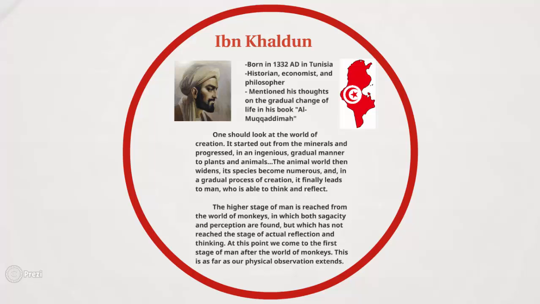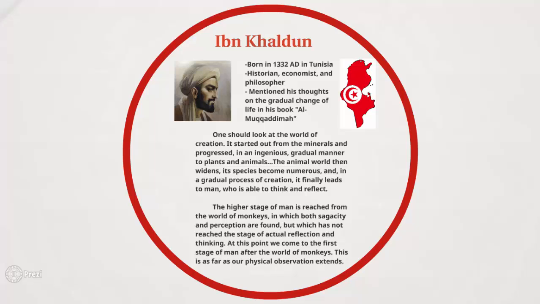One should look at the world of creation. It started out from minerals and progressed in an ingenious, gradual manner to plants and animals. The animal world then widens. Its species become numerous, and, in a gradual process of creation, it finally leads to man, who is able to think and reflect.